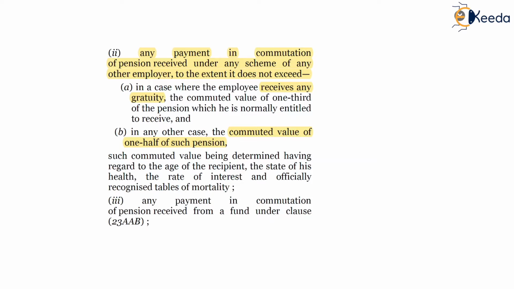And friends, subclause 3, any payment in commutation of pension received from a fund under clause 23AAB, it is nothing but the annuity plan of an LIC. Commutation pension received by an individual as per the annuity plan of LIC, right?